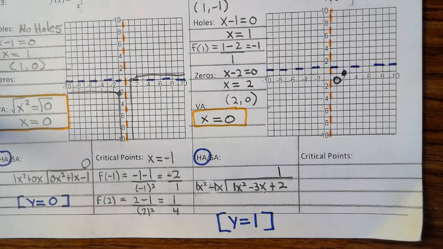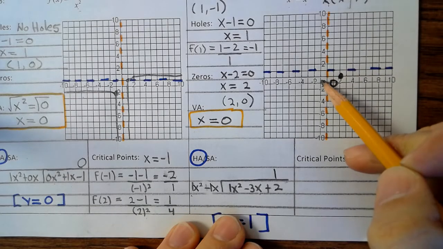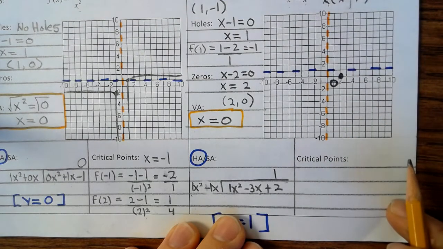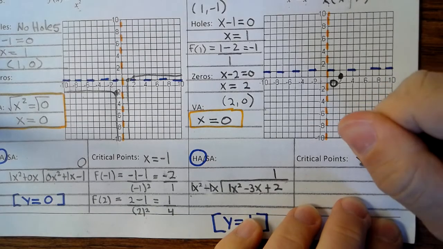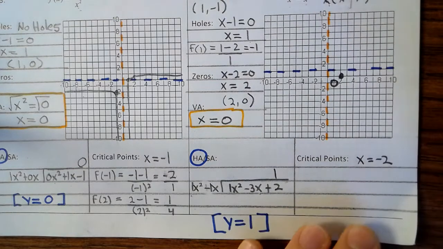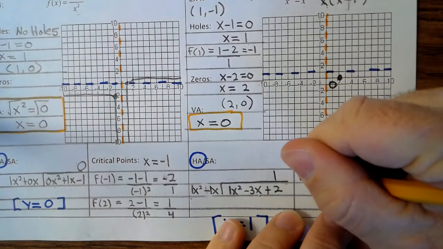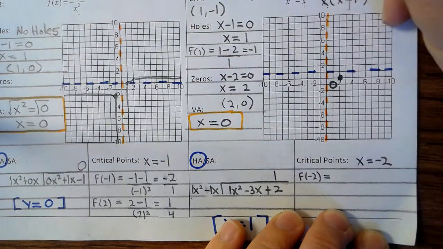Okay? Now, we need a critical point to the left of 0, and let's use next is negative 2. That works, because that's to the left of x equals 0. So now we evaluate the function f of negative 2, and remember, we ignore the hole.